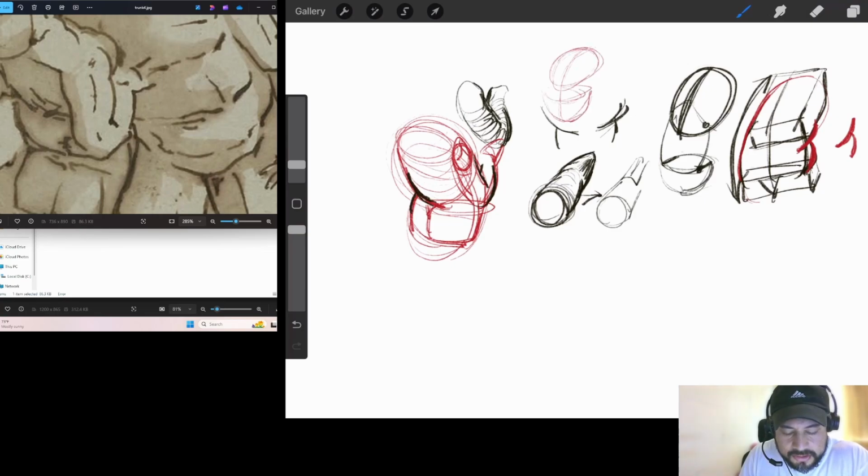Point out where those landmarks are, convert those egg shapes or the gestures into cubic shapes. Just play around, and hopefully you'll do it so many times that you won't need a list of the landmarks to check off. You'll just know where they are.